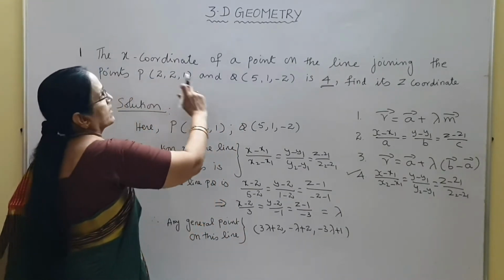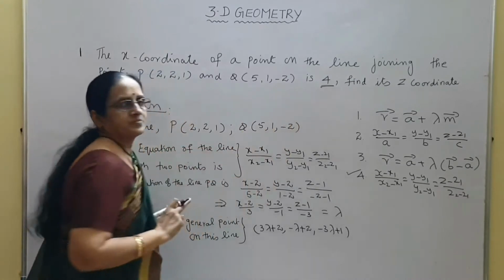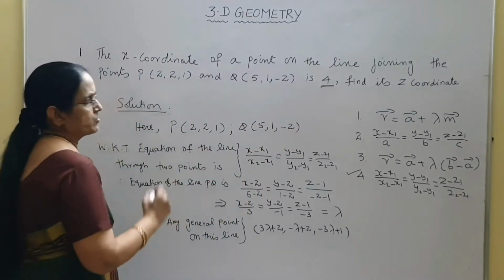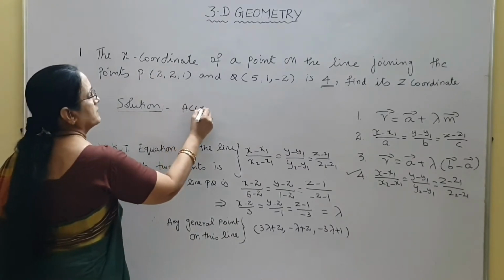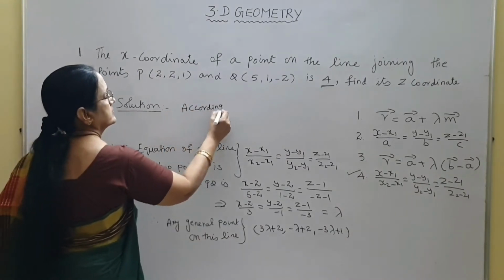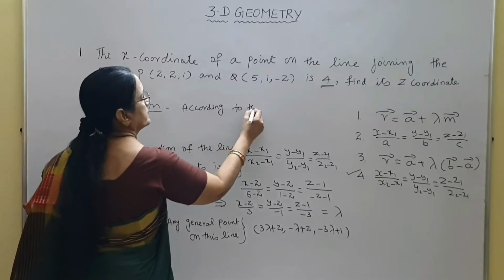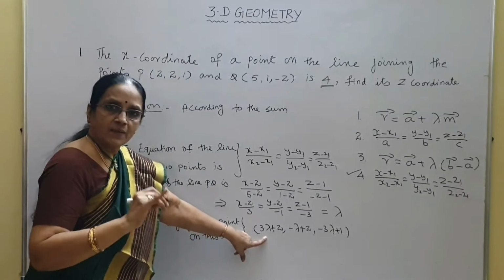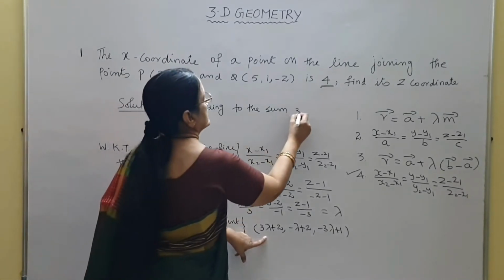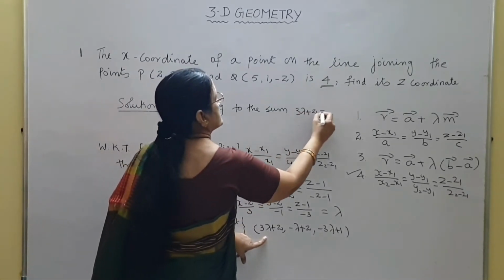That x coordinate of the point is 4. So, according to the sum, this x coordinate 3 lambda + 2 is equal to 4.